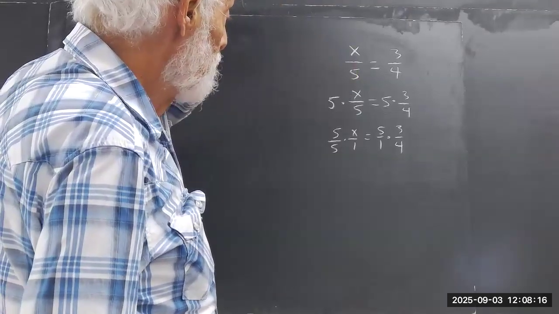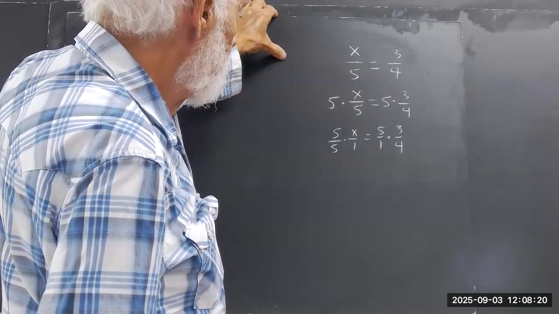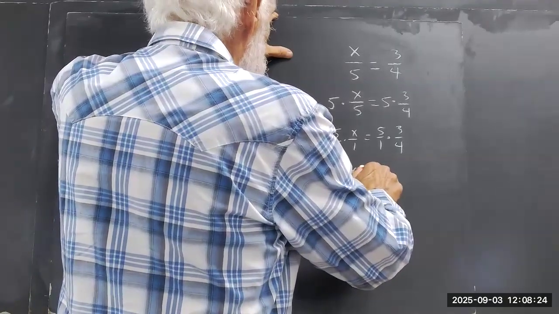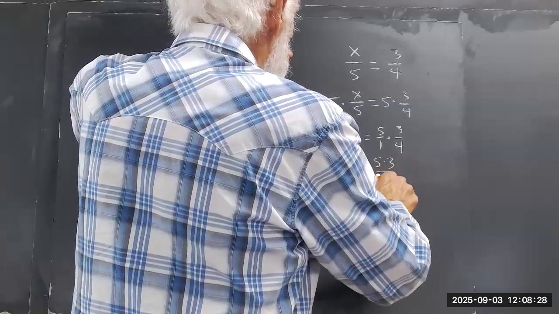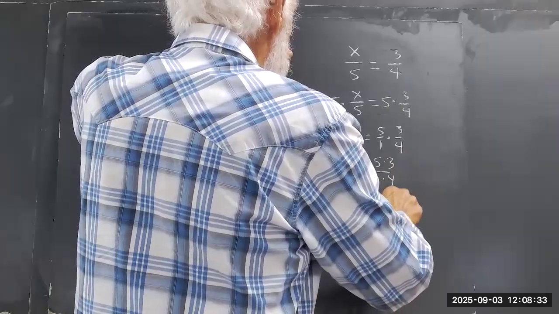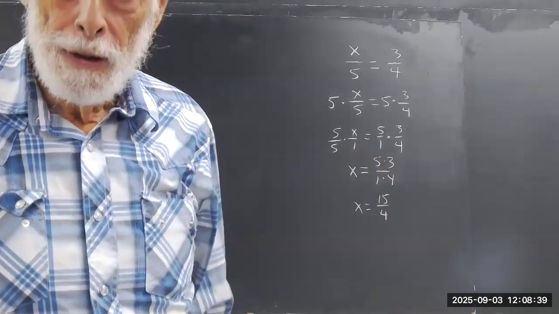It's multiplied by x. There's actually another step, but I'll leave it off for now. Anyhow, I get x equals 5 times 3 over 1 times 4. x equals 15 over 4. Multiply by that denominator.